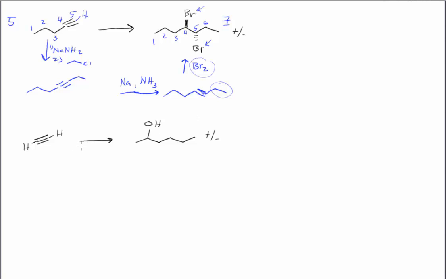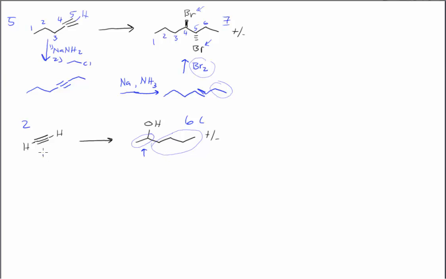Okay, the fourth one, we have a 2-carbon acetylene, of course, and then we have 6 carbons over here. So somehow we need to add 4 carbons. And if we look at the 2 areas on our product, we have a 4-carbon chain that has nothing of interest on it. Then we have the 2-carbon chain that has the functional group.